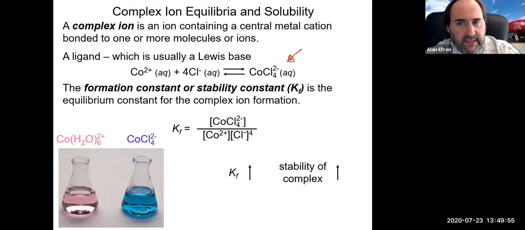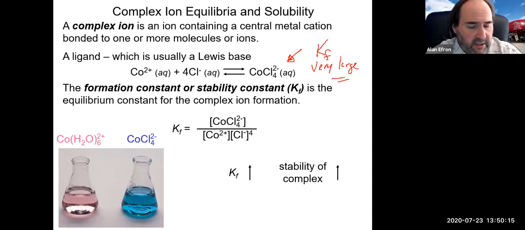And what we will see in this chapter, and a little bit later at the end in terms of a table of KF values, as we are working through some of these problems, is that in general the KF values are very large. These formation constants are very, very large numbers.